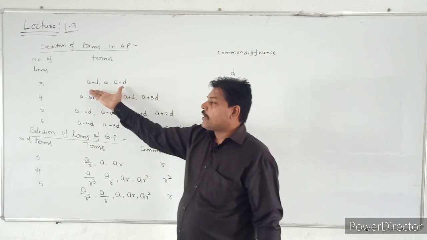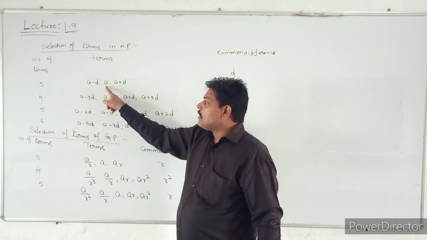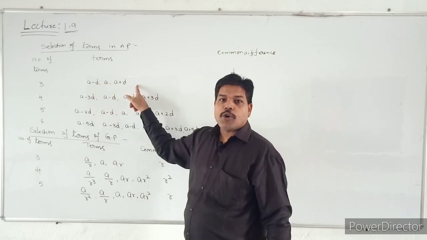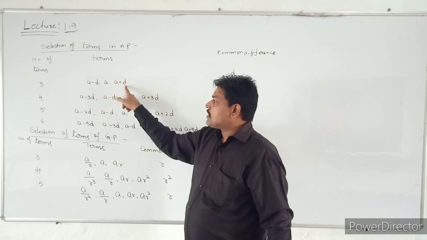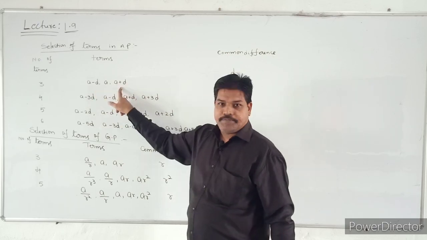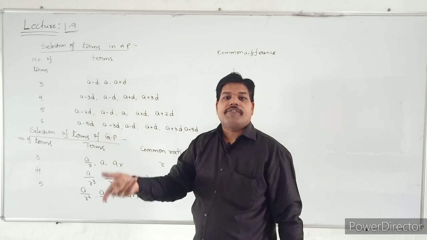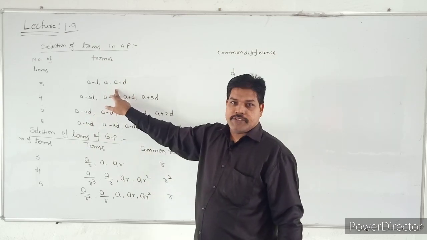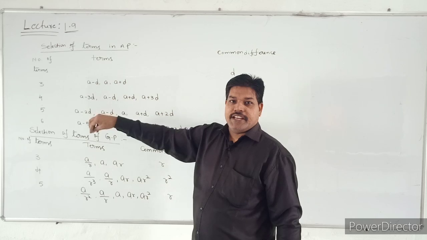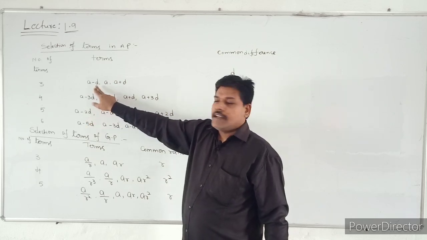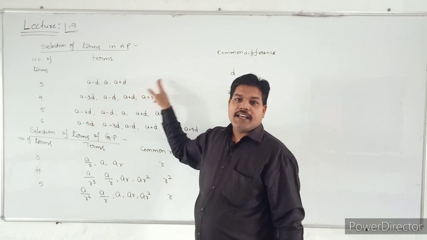Why are we taking it like this? If you add all three terms, minus d and plus d will be cancelled and you will get 3a. Do you understand that? You will easily get the value of a by taking these terms. So for our convenience, we take the terms as a minus d, a and a plus d.